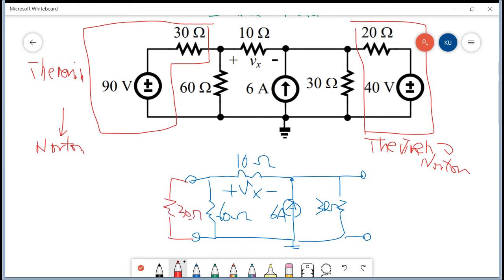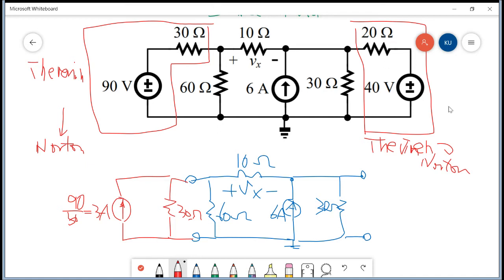So we have 30 ohm in parallel with a current source, and as you can see here, the voltage source is positive on this side and negative on this one. So the current is going upward, and the source value is 90 over 30, which equals 3A. So this part is transformed into the Norton's equivalent circuit.